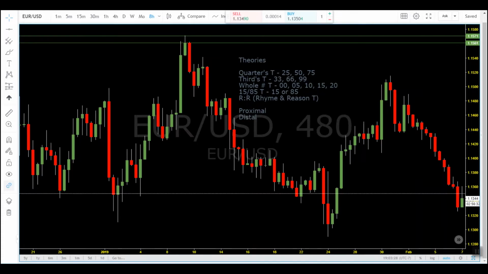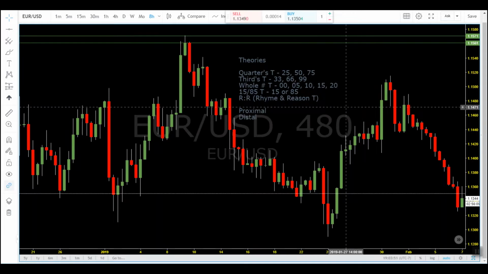This is $1, 15 cents, and 71 pips. Okay, and so if the institutions are targeting quarters theory, these pips would end with 25, 50, or 75. Now, if the institutions are using thirds theory, pips would end with 33, 66, and 99.